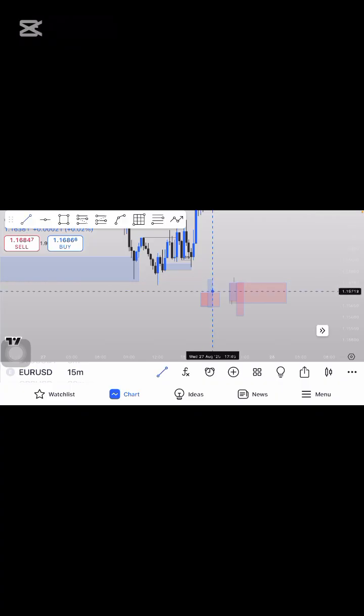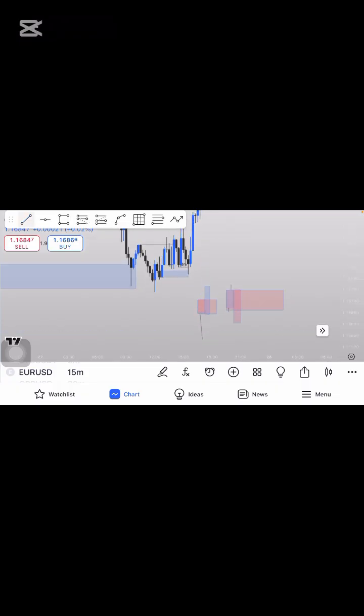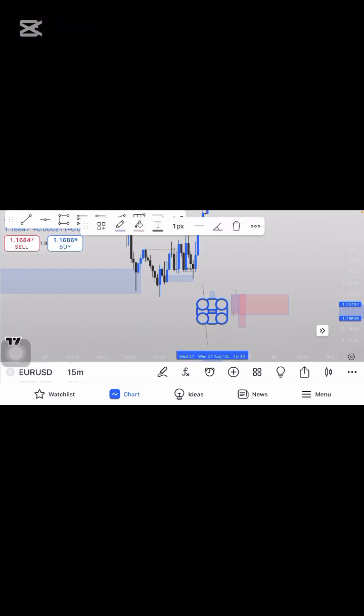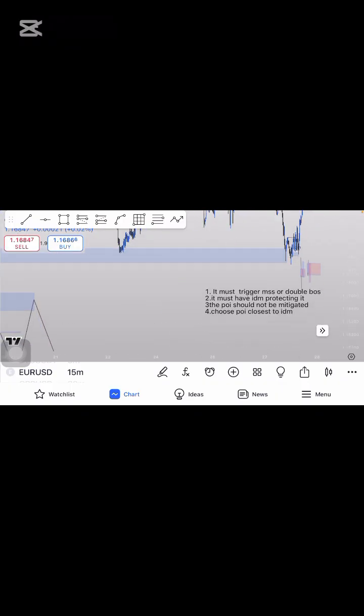But if the body of this candle is long like this, and here is also long like this, pick your entry from the body. If the body of the candle is bigger than the wick, pick your entry from the wick. But if the wick of the candle is bigger than the body, pick your entry from the body. So that's the reason for picking an order block.